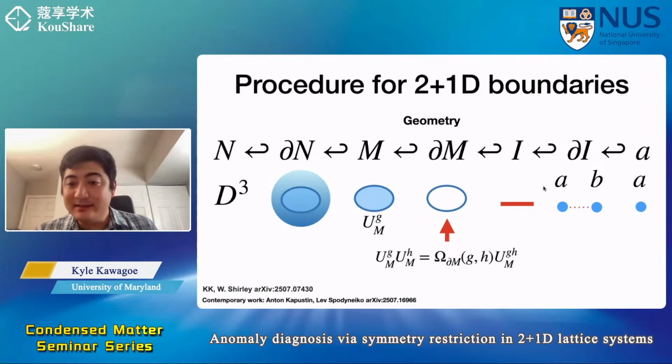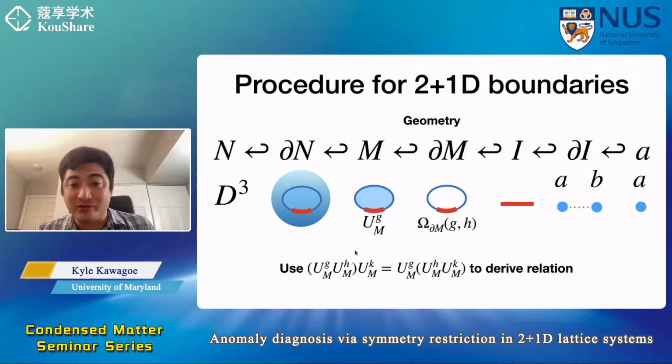Now this operator obeys some constraint via associativity. So we're going to use associativity of these restricted symmetry operators to derive this relationship in the one dimension down.